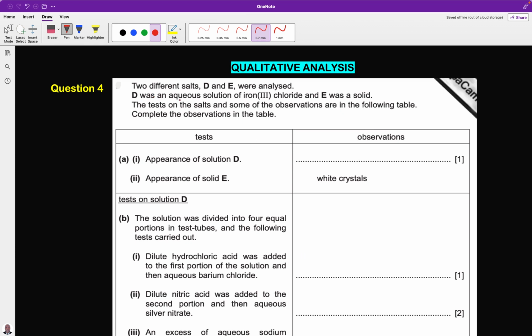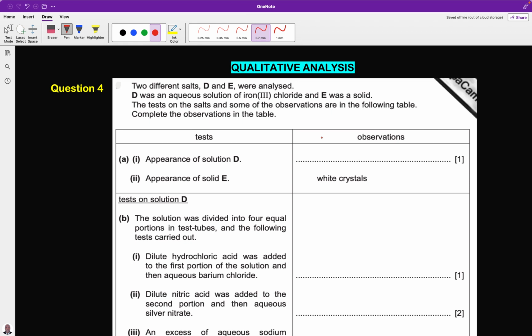D was an aqueous solution of iron 3 chloride, and E was a solid. So what is the color of an aqueous solution of iron 3 chloride?